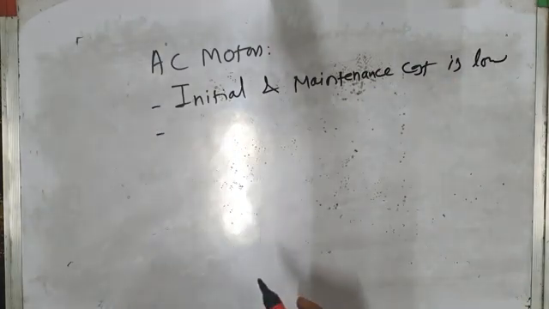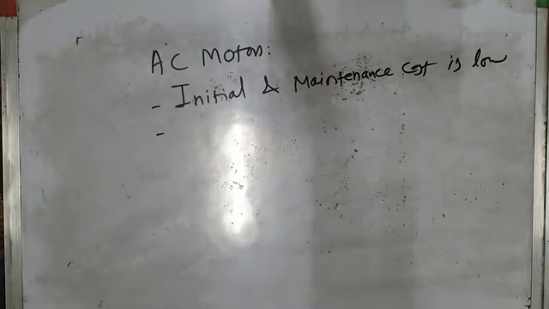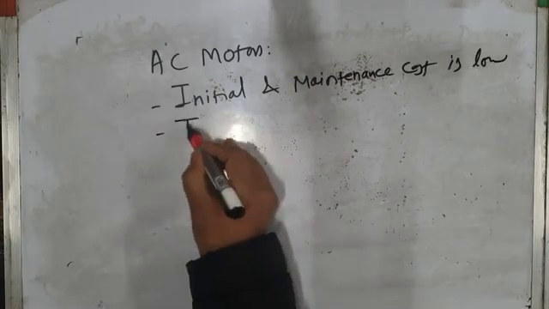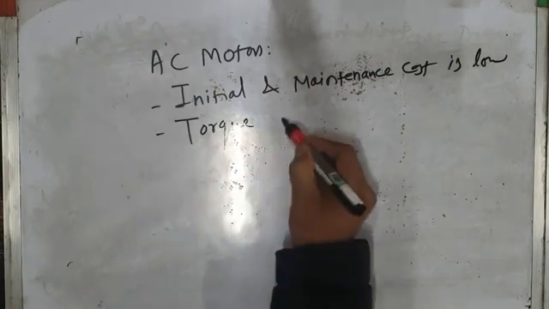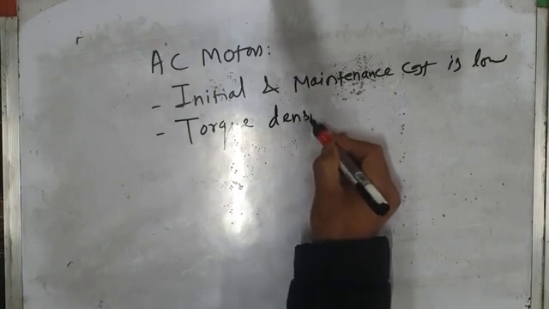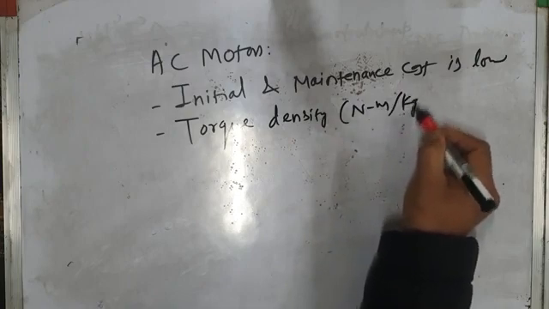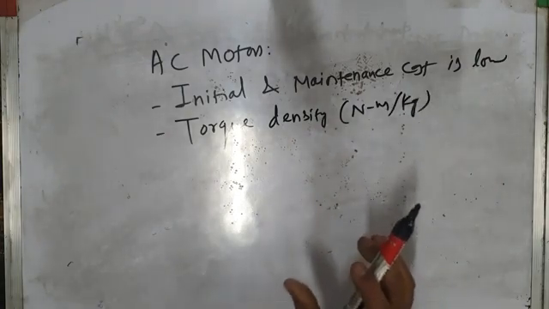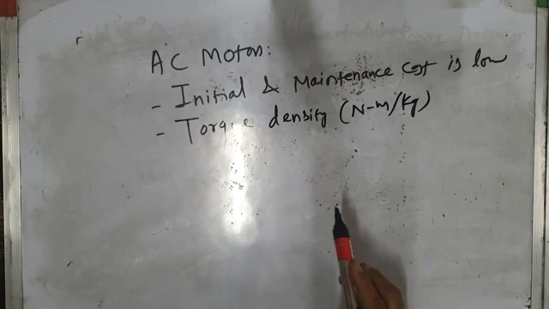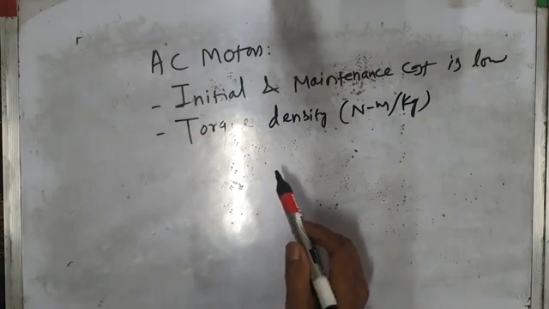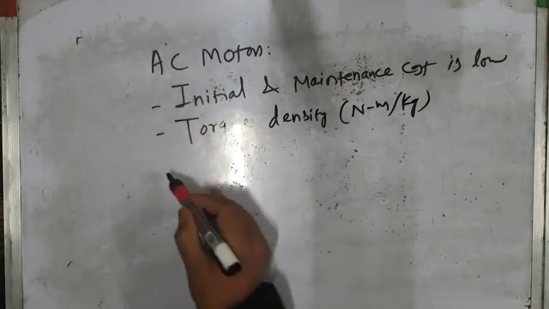Secondly, in case of AC drives, maintenance cost is low because they do not use brushes or commutators, and also torque density is high. Torque density, which is given in Newton meter per kilogram, is high, which means for a given weight, the AC motor develops more torque than a DC motor of the same weight.